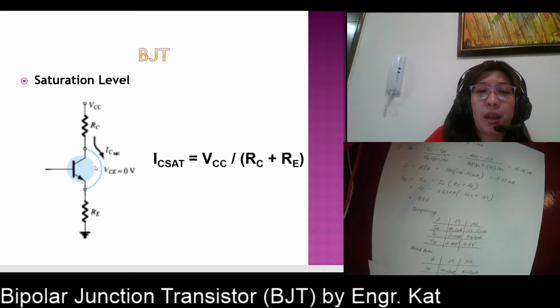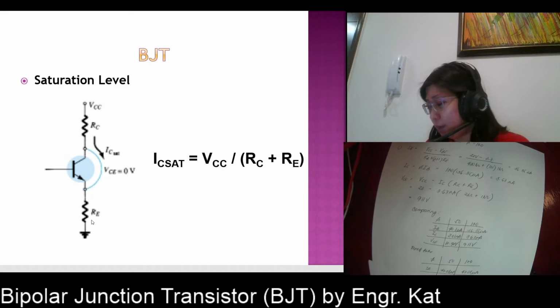So this time, how do you compute for the IC sat? We usually place a short circuit between your collector and your emitter terminal. So upon placing a short circuit here, IC saturation will be flowing across your circuit. And what is that? That is VCC divided by the collector resistance plus the emitter resistance.